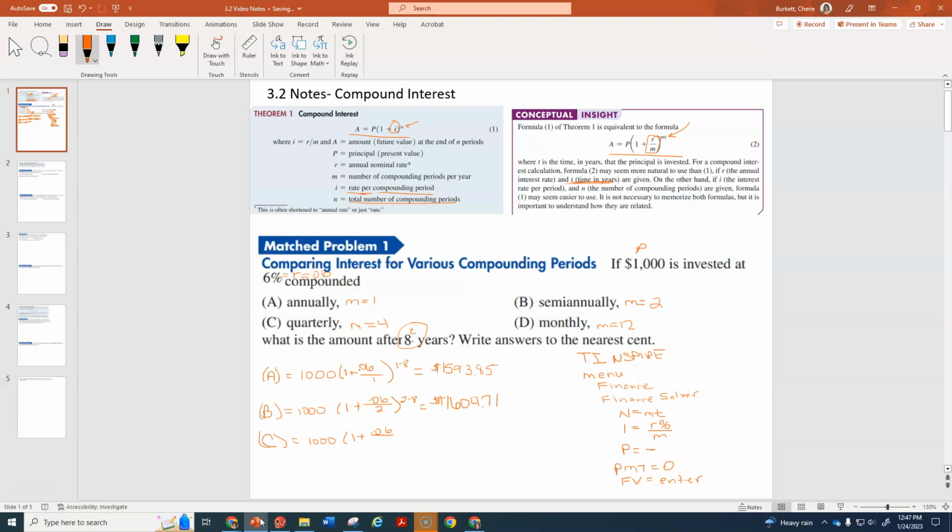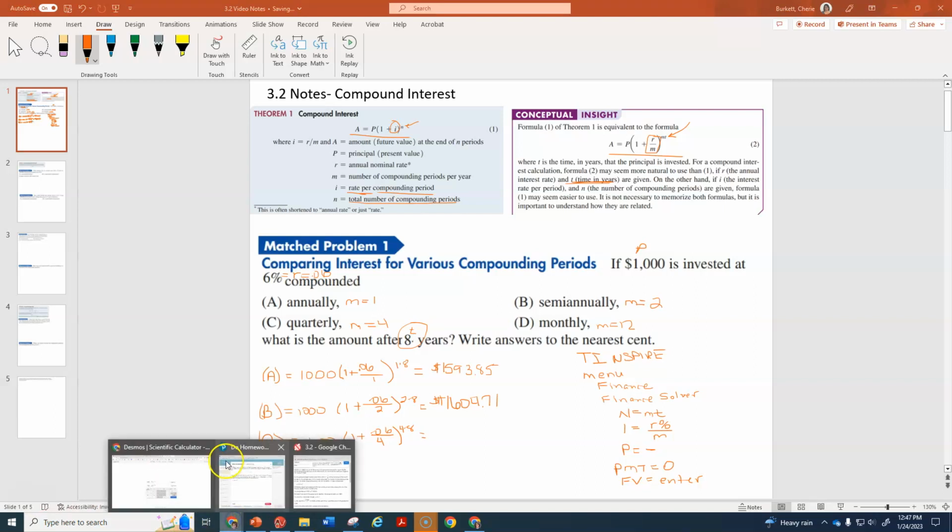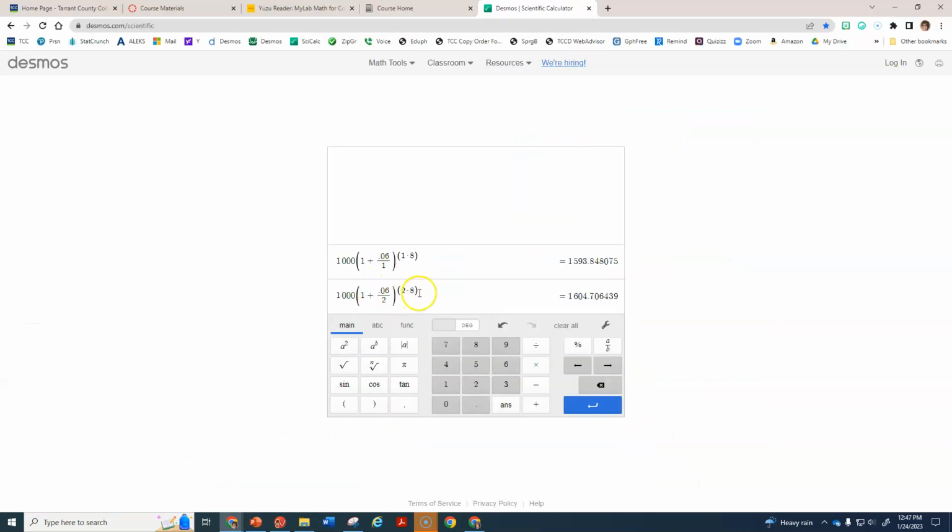And again, we would just keep going. C is quarterly, so that means we're going to take the 6% and divide it by 4, and then we're going to raise it to the 4 times 8. When I did this one on this calculator right here, I did a cut and paste.